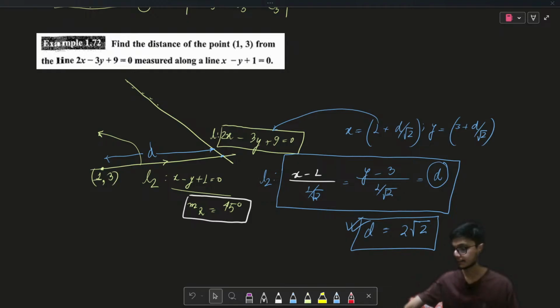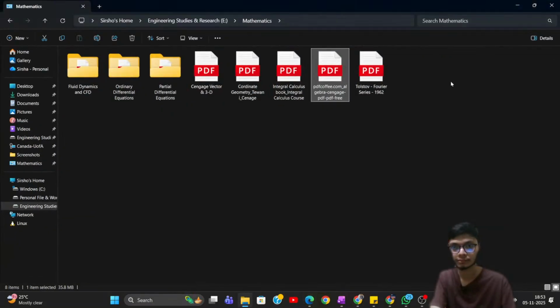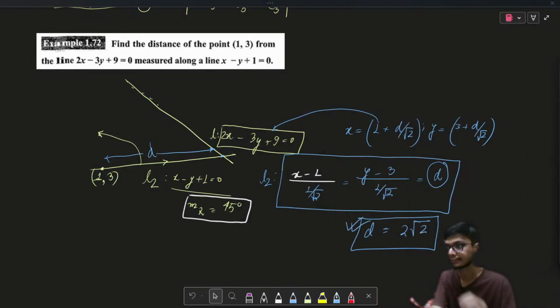So let's start with discussing the concept regarding the point and the straight lines, right? As we finished in our last discussion, we saw the concept of the parametric form of a line, or what we also call the distance form of a line.